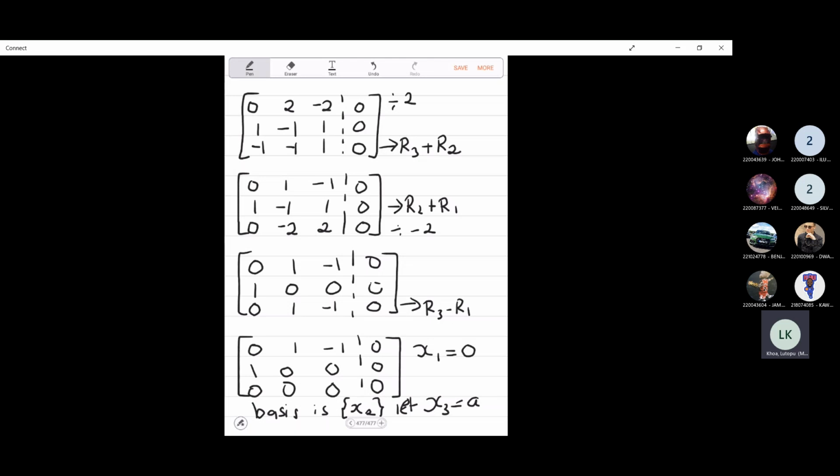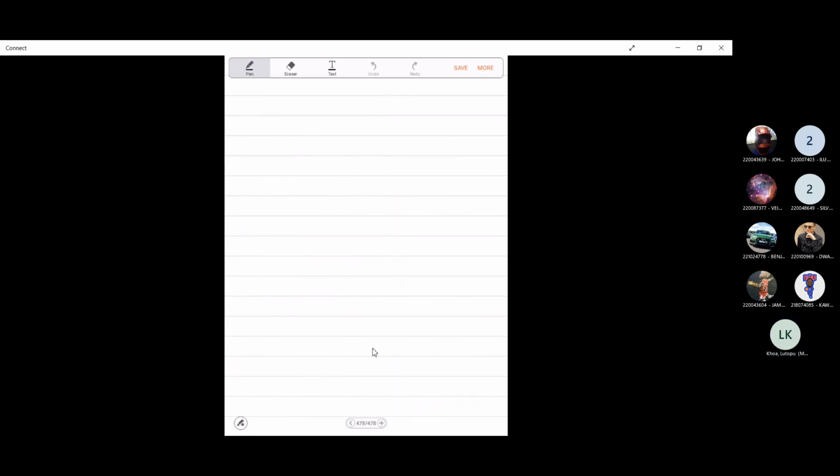Okay, so if x3 is equal to a, we now rewrite x2 in terms of x3 using this equation. x2 minus x3 is equal to 0. If x2 minus a is equal to 0, this means x2 is equal to a.